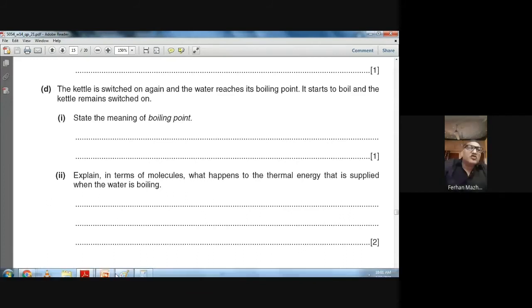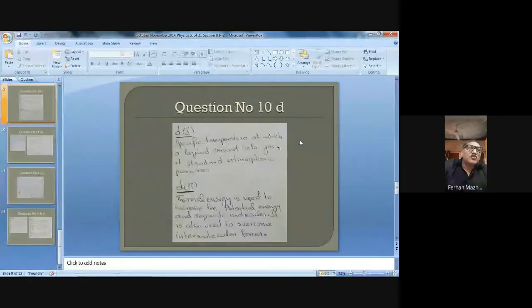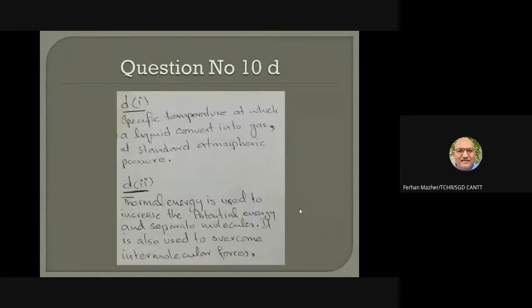Let me show you my answer. I have written this answer: specific temperature at which a liquid converts into gas at standard atmospheric pressure.